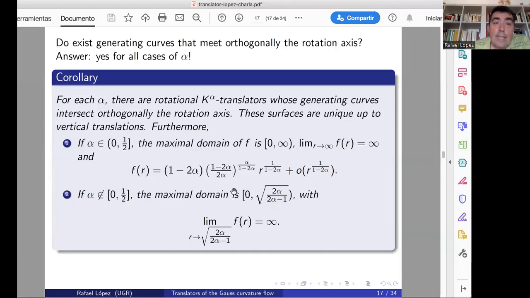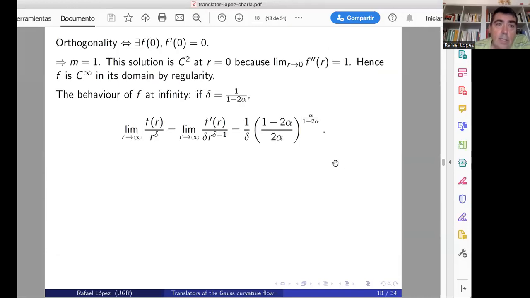Then the idea is to come back to the first integration of the equation, and impose the condition that it intersects the rotation axis. It means that f is defined at r equals 0, and also that the intersection is orthogonal. It means that the first derivative is 0. Okay, and then it's possible to obtain a solution.